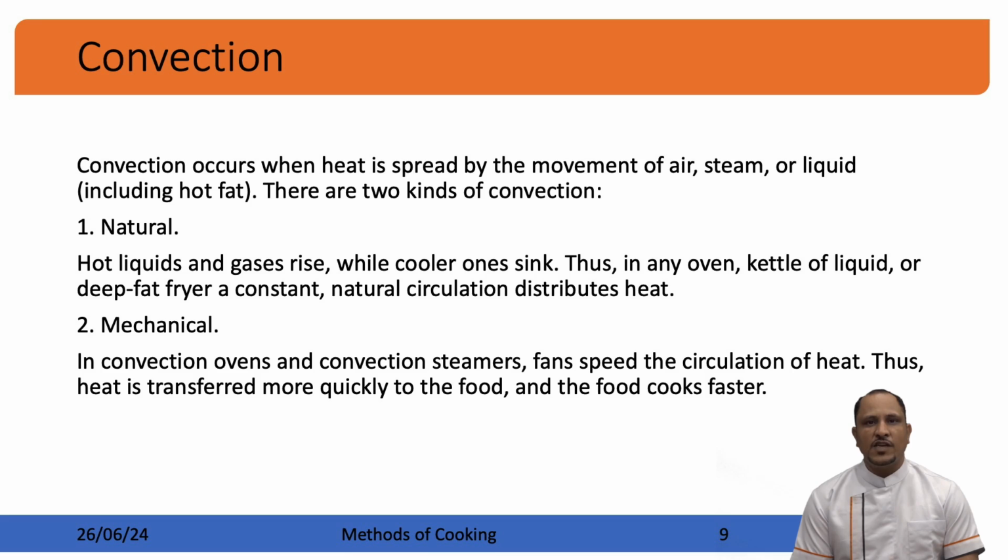Next is convection. Convection is a mode of heat transfer when heat is transferred from the source to the object via streams of air, or maybe water. So when hot air circulates, as you must have understood, on the surface of the earth, when sun rays hit, the air closer to the surface of the earth gets heated up and goes up, and cold air from above comes down, which results in a circulation of the air.